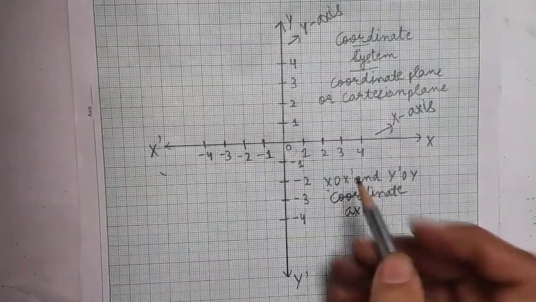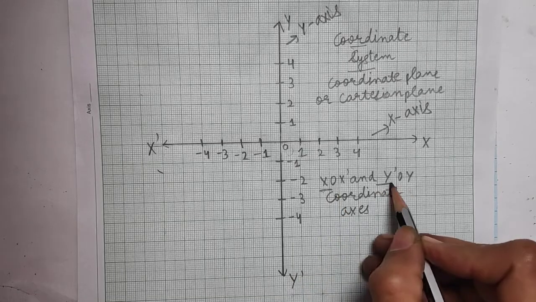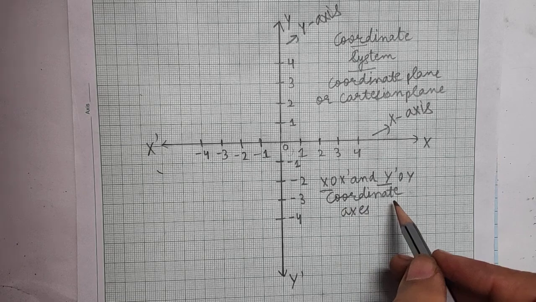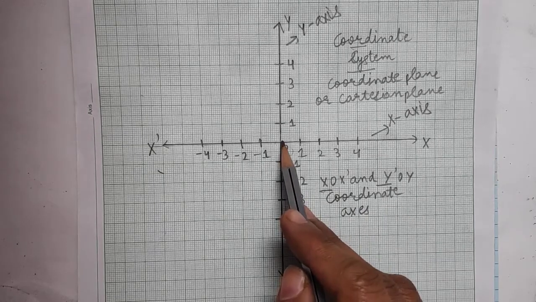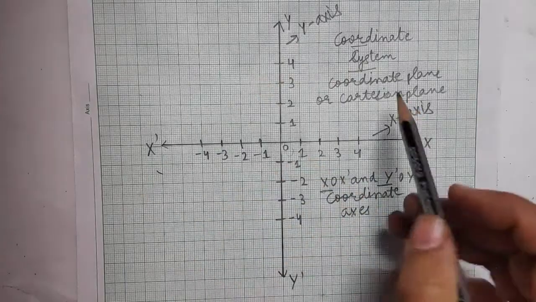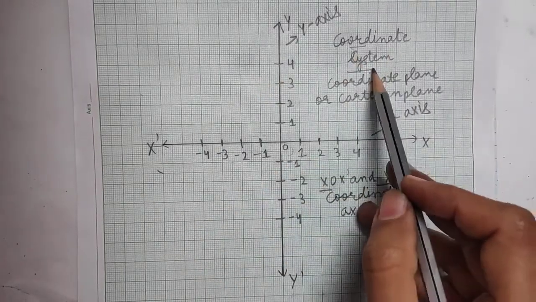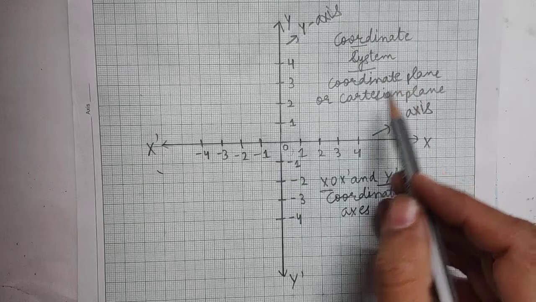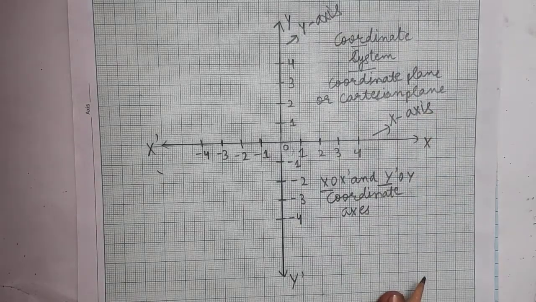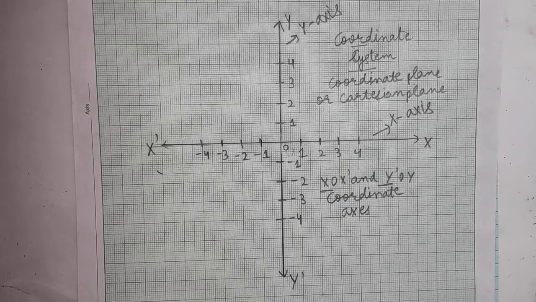XOX dash and YOY dash taken together are called coordinate axes. The point O is called the origin, and the configuration so formed is known as coordinate system or coordinate plane or Cartesian plane. Now I will be discussing the coordinates of a point or how to plot a particular point.